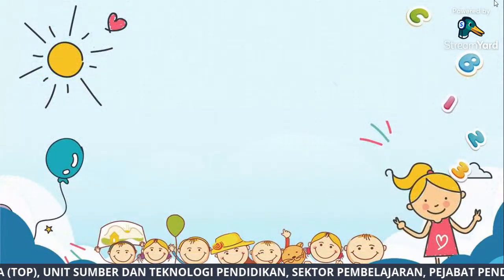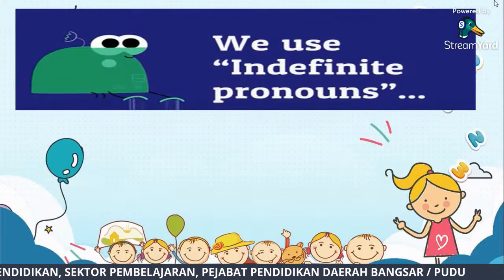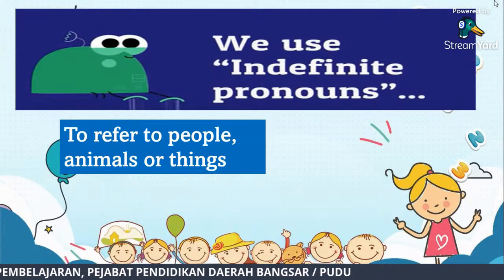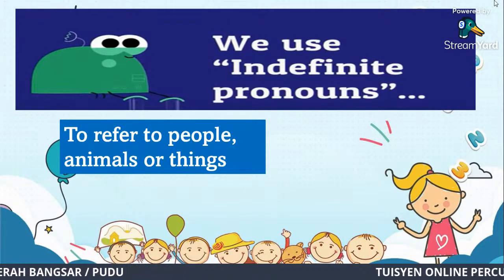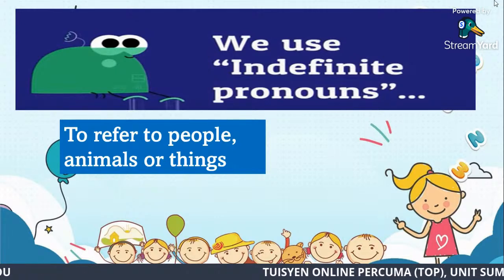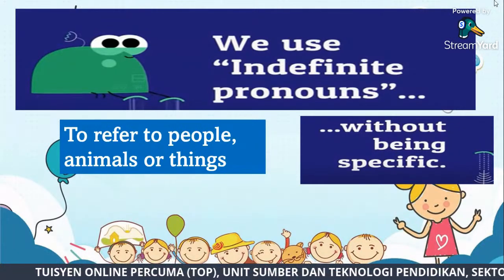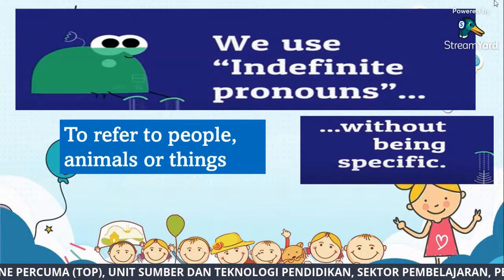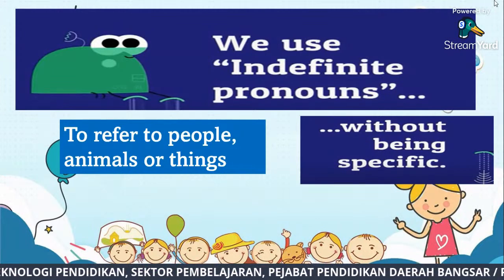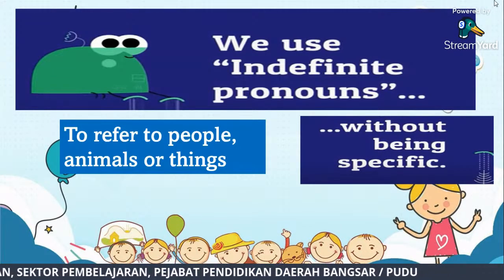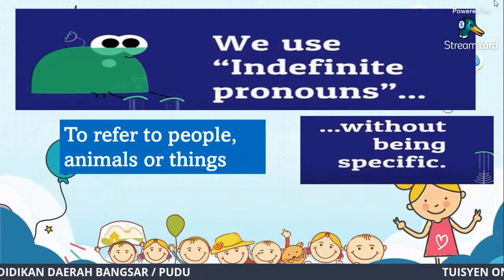In more detail, we use indefinite pronouns to refer to people, animals, or things without being specific. We never know who that person is, we don't know what animal it is, we cannot identify what thing it is. We are not sure about the people, the animal, the thing. That is where we will be using indefinite pronouns.